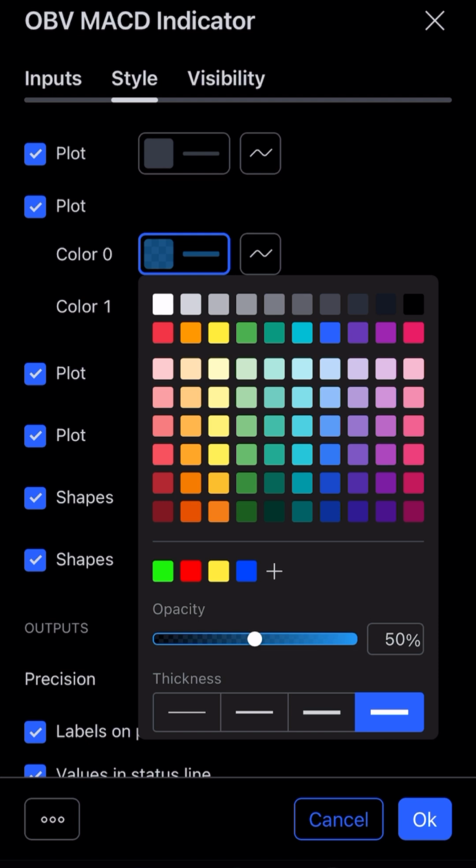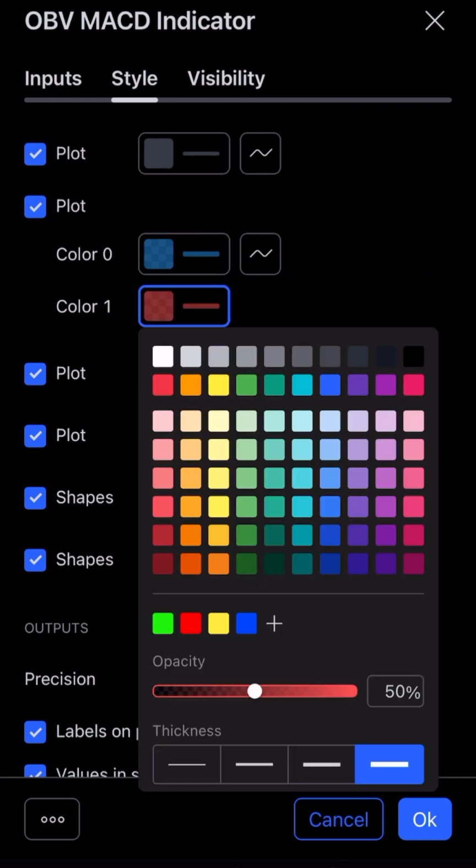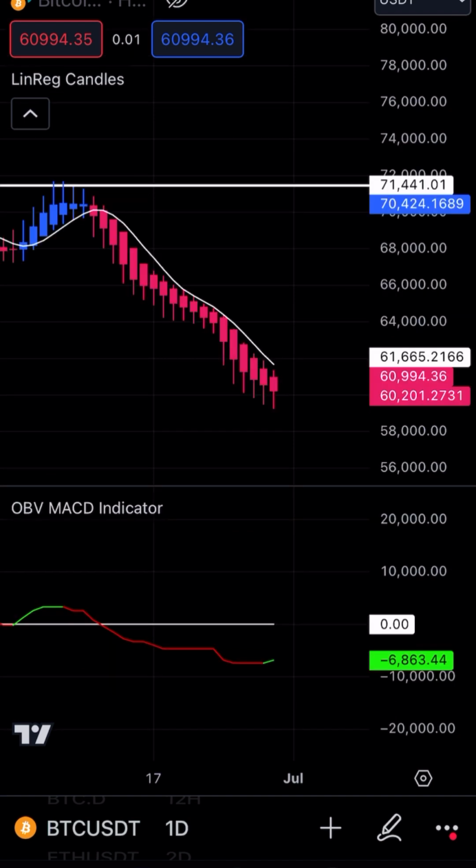So I changed the blue to a bright green with the opacity all the way up, and I put the thickness down. And then I put a good bright red with the opacity all the way up and the thickness down. That's kind of how I set it up here.